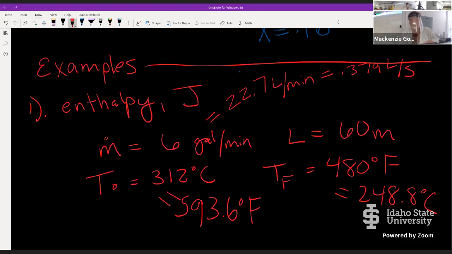And 60 meters is how many feet? 196.85. Anyone online convert that meters to feet? Oh, the 196, there we go. 196.9.